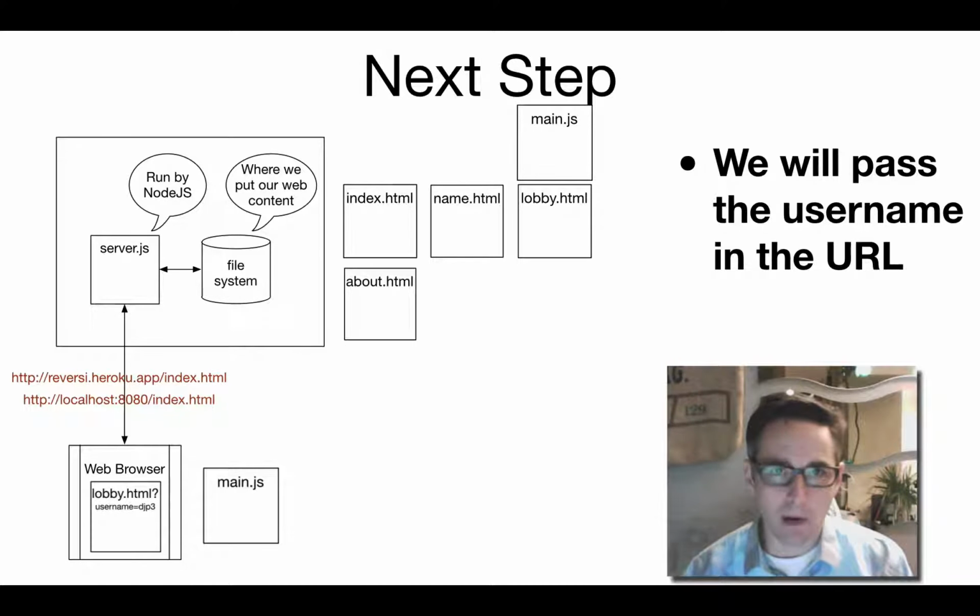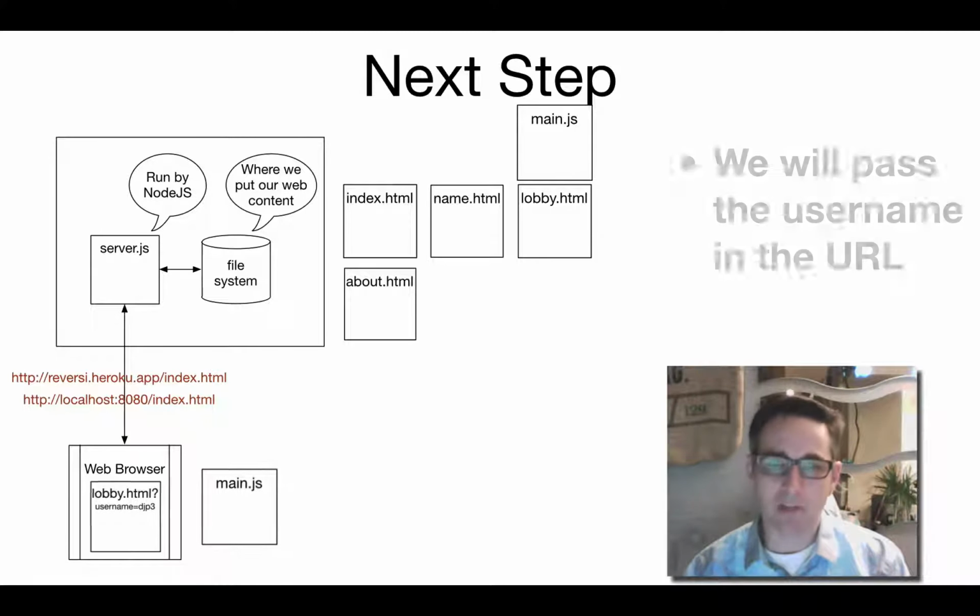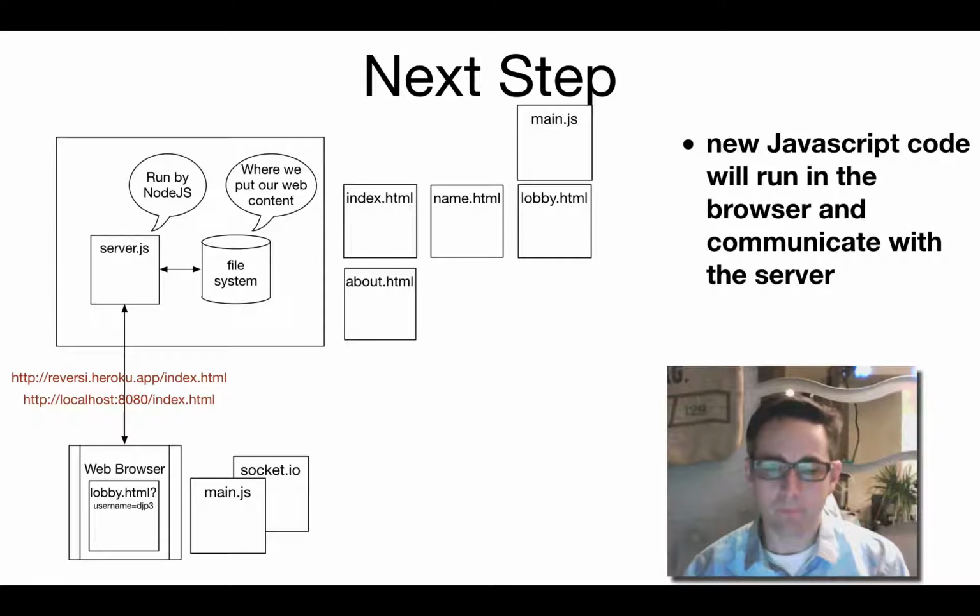We're also going to require another library, but that library is not going to be hosted by us. That's called socket.io. Once all those resources are in our browser, we're going to start running JavaScript in the same way that we're also running JavaScript on our server. In our browser, the kinds of code that we're going to be running will be to create messages.